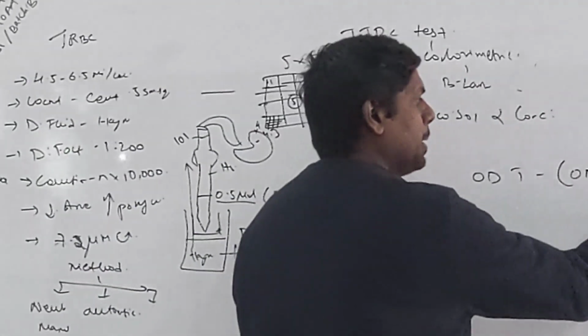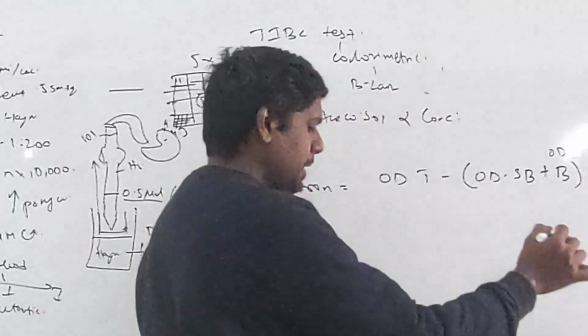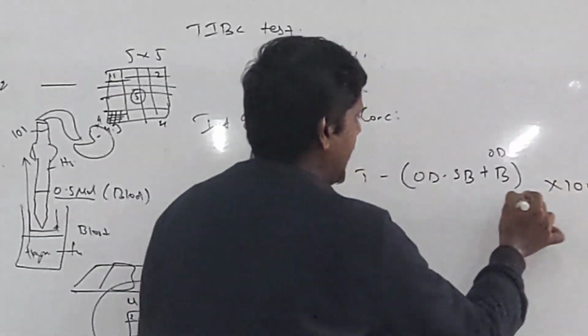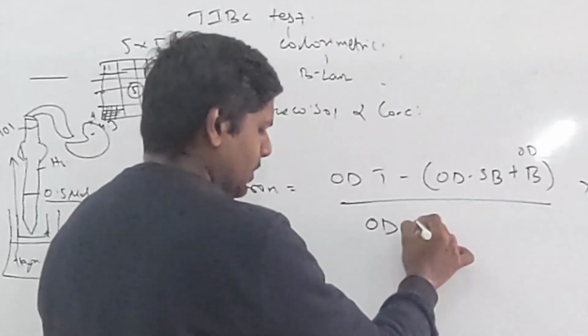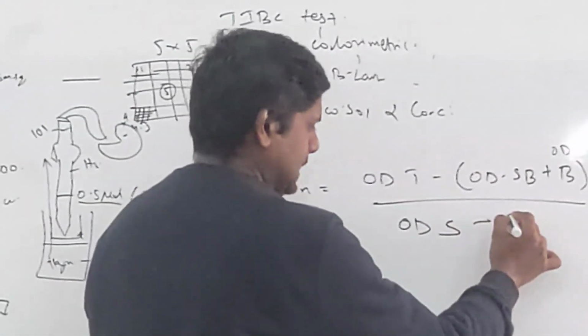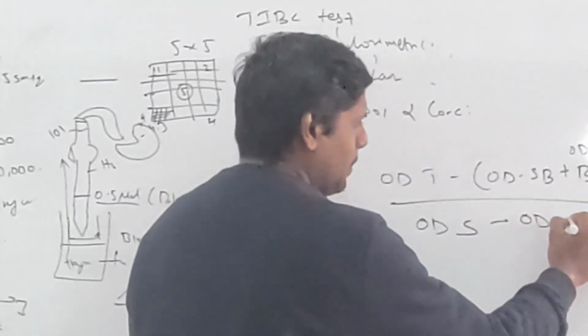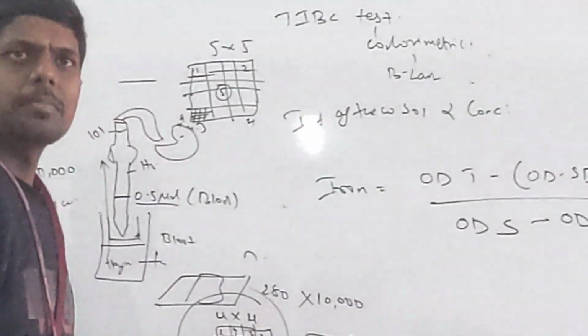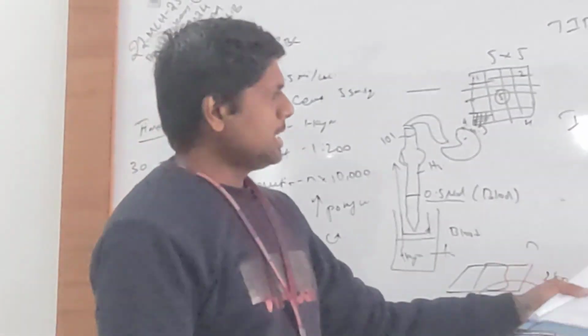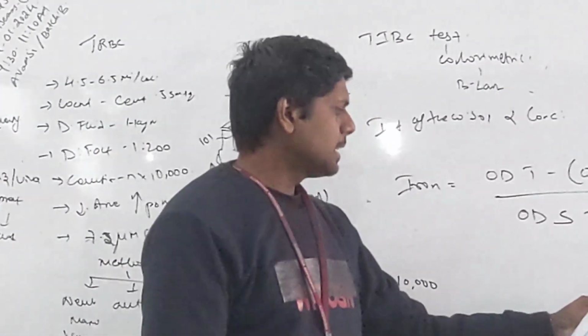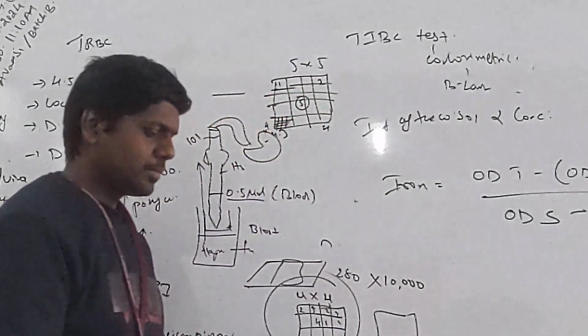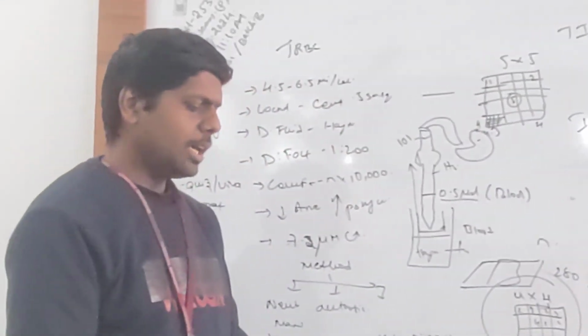OD of sample blank and OD of blank into 100 divided by OD of standard minus OD of blank. Test minus sample blank divided by standard minus blank.